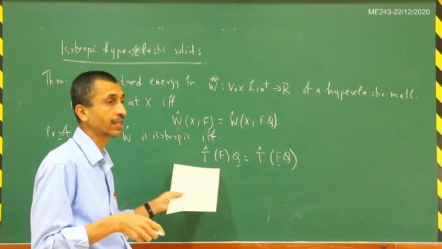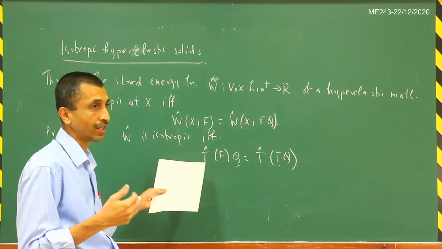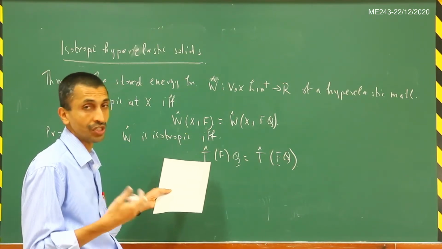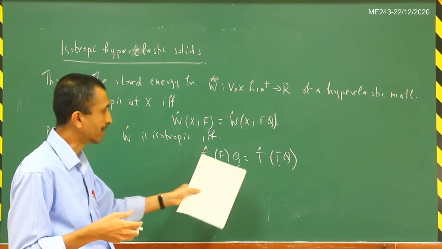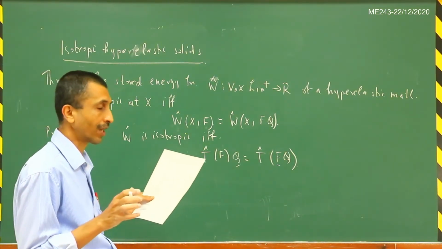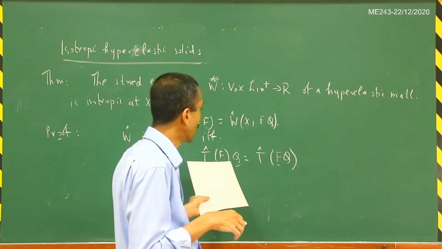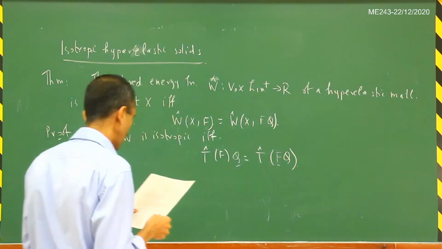Again, this condition is derived from the relation for isotropy for the Cauchy stress. So from that you will get this particular relation for an isotropic material, for the first Piola-Kirchhoff stress here.